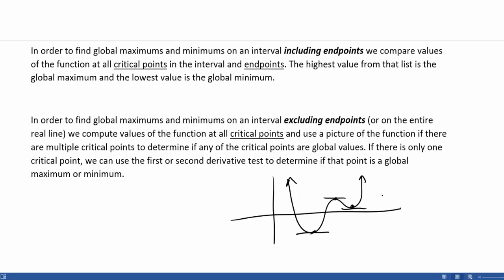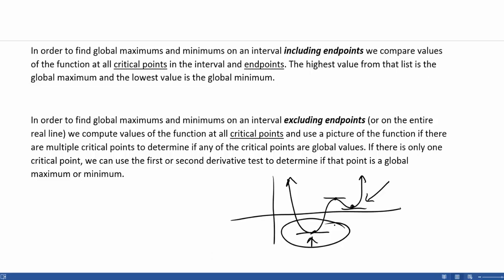This picture does not have any global maximum because the function goes on and on forever. However, it does have a global minimum, and that's going to happen at the bottom of this first bump. There's 2 local minimums, so we would need to use the picture to determine which one was going to be lower and to actually find the corresponding y value. So that's where the picture comes in handy.